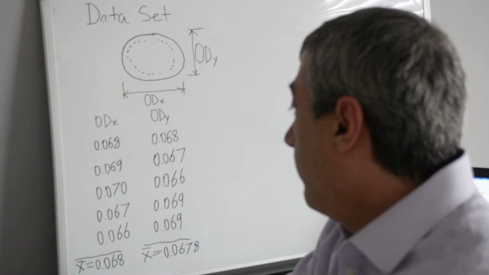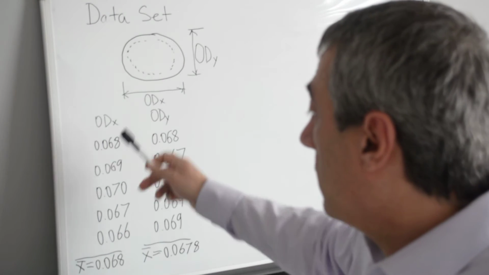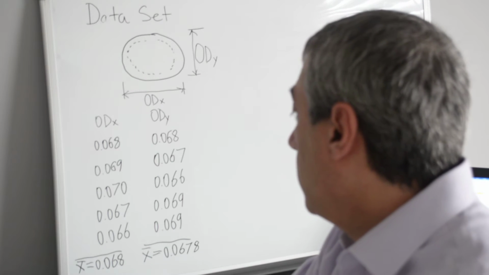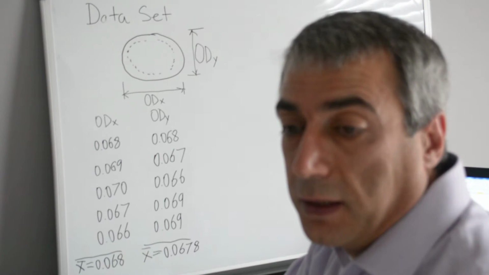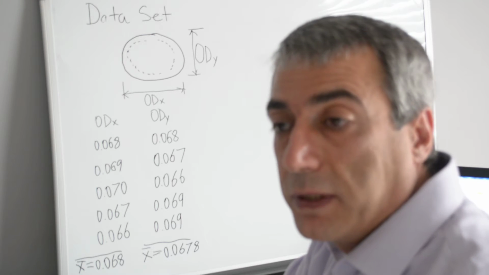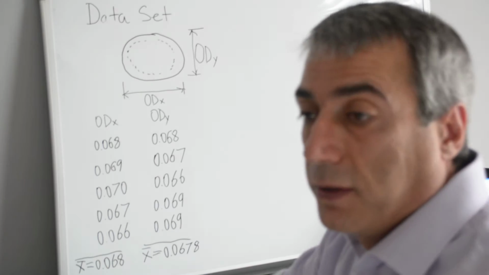So what would be a variability measure of these samples? Well, the simplest one is just the difference between the highest value and lowest value of the data set. That's called range.